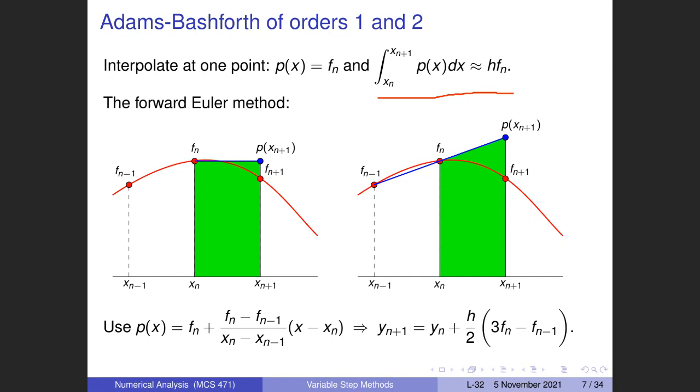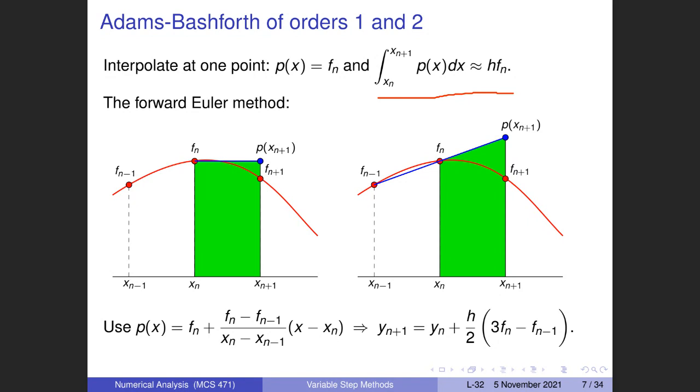So the second function value is obtained by evaluating the interpolating polynomial, which is now the blue line. We evaluate the blue line at xn plus 1. So in a way, it's also an extrapolation. So we use interpolation to extrapolate. Often this doesn't work that well, but for areas, it's actually okay.